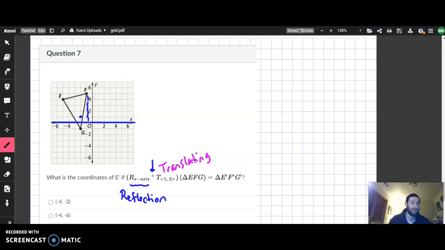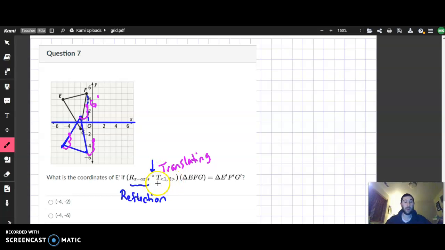So we're going to want to go down 5 in order to get F prime. And then E is only up 4, so we want to go down 4 in order to get E prime. So ladies and gentlemen, that is our reflection tackled and knocked out of the ballpark.